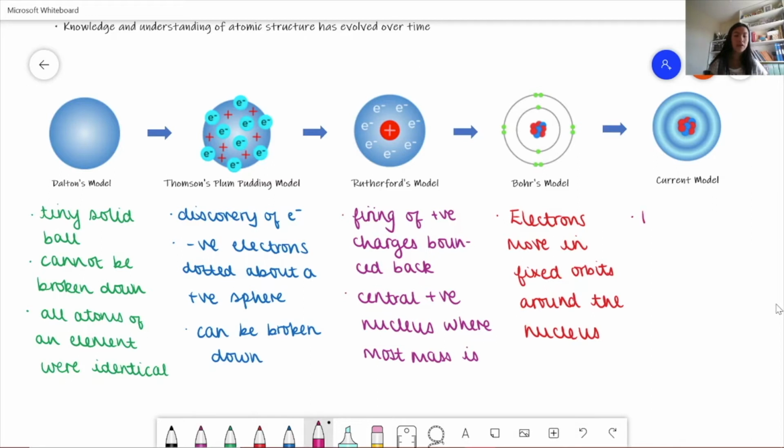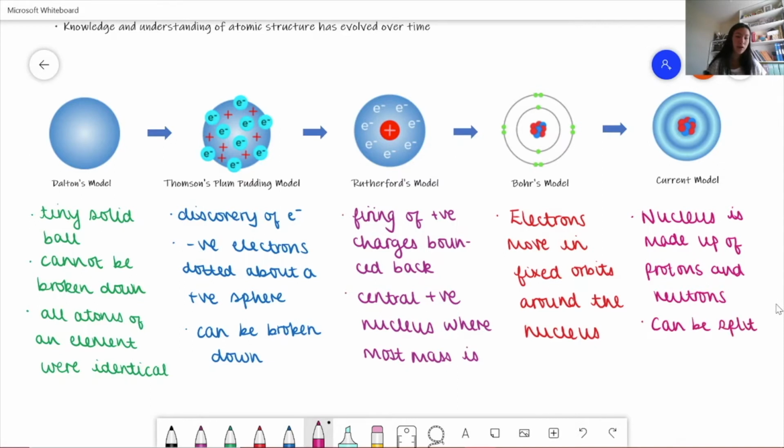So they found that the nucleus is made up of protons, which are positively charged, and neutrons. These atoms can be split up into smaller particles, and we call these subatomic particles: protons, neutrons, and electrons.